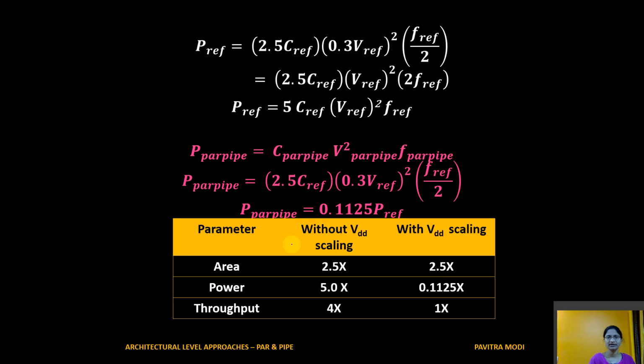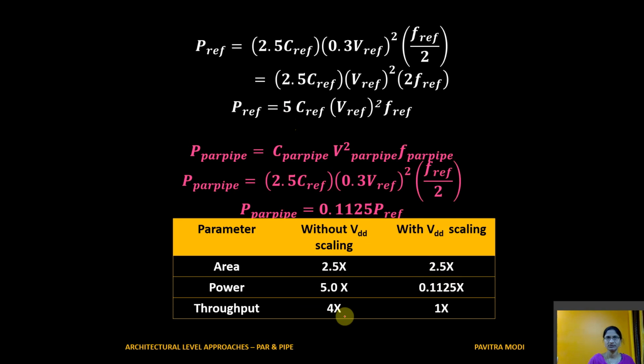If area increases by 2.5 times, and even with VDD scaling also area increases by 2.5 times, and power here is 5 times, and in case of combination of both parallelism and pipelining, it is 0.11 times, and the throughput is going to be 4 times. Why?